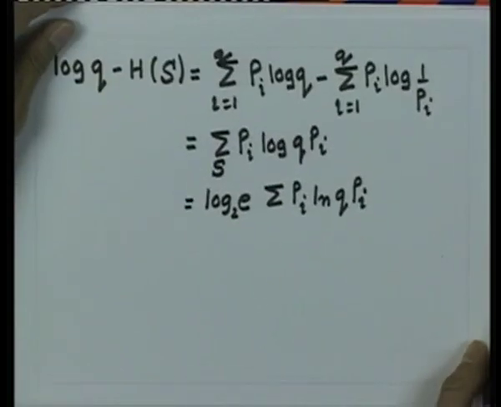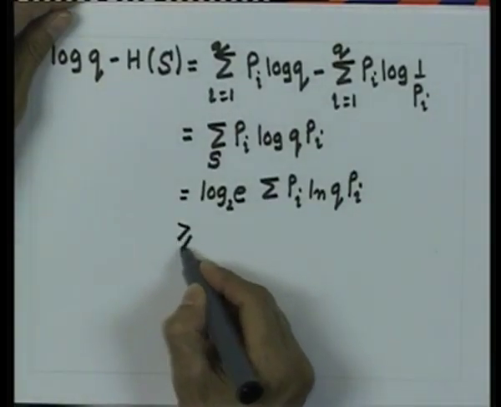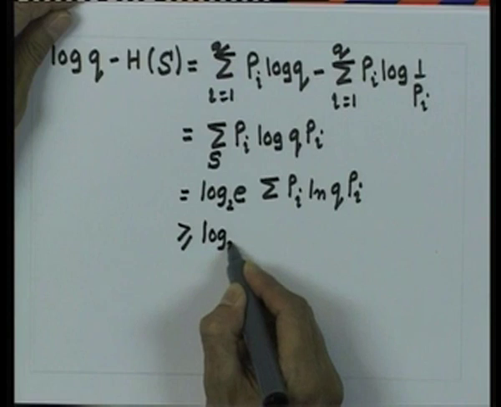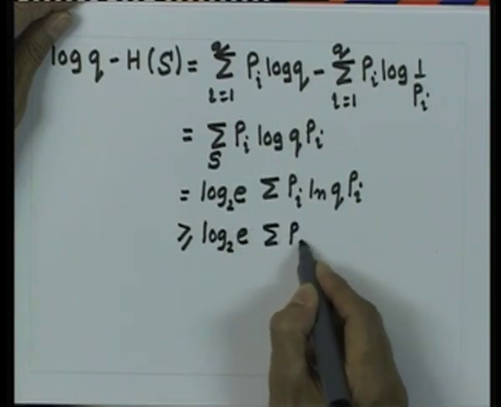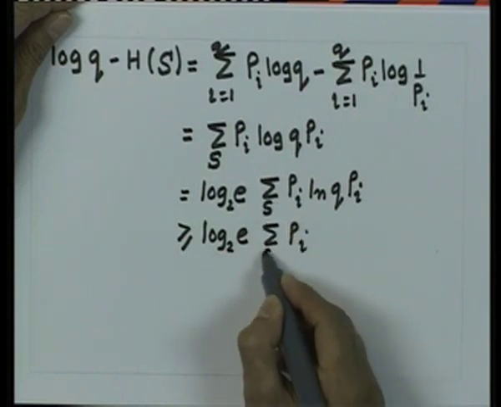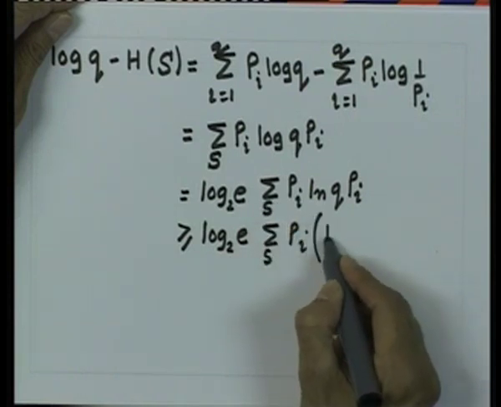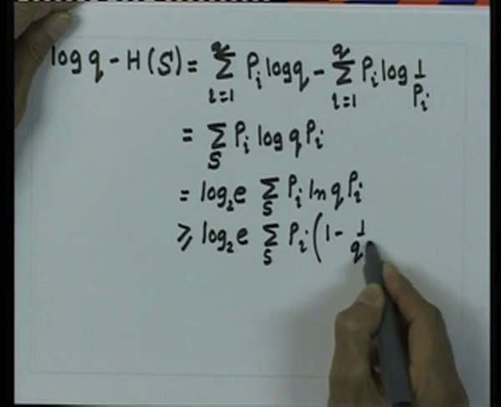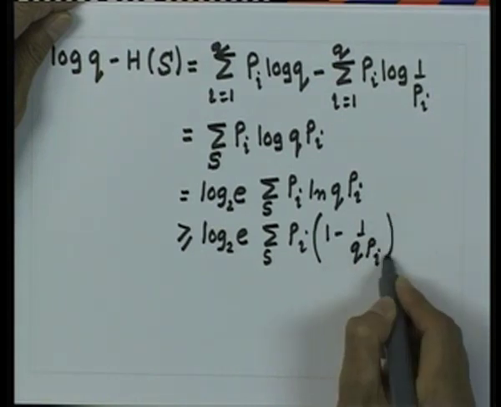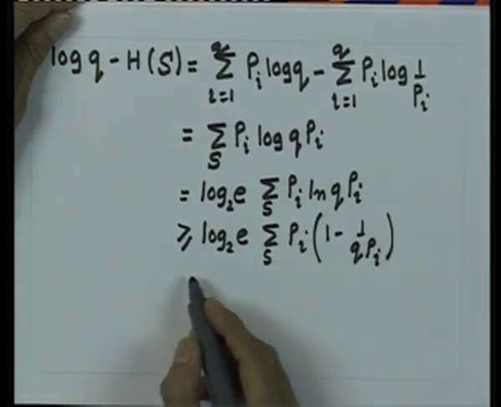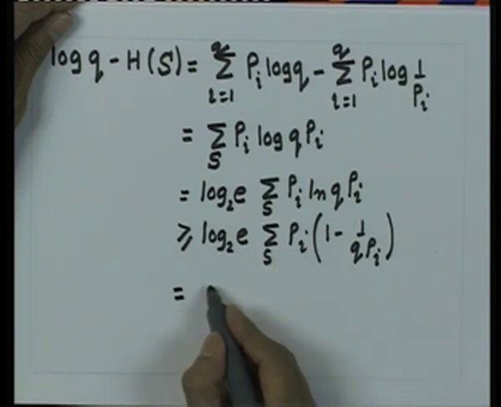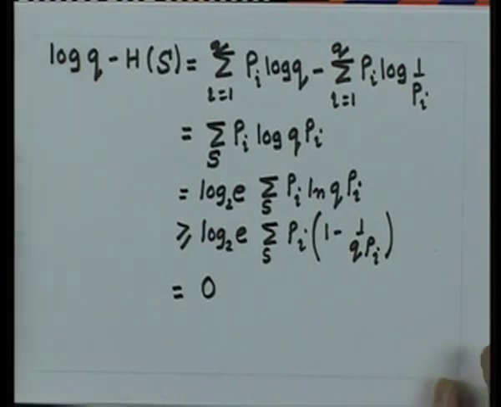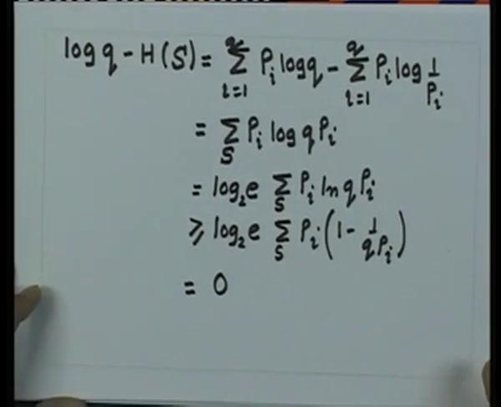So, I can use this relationship to write greater than or equal to, and this you can show very easily is nothing but equal to 0.